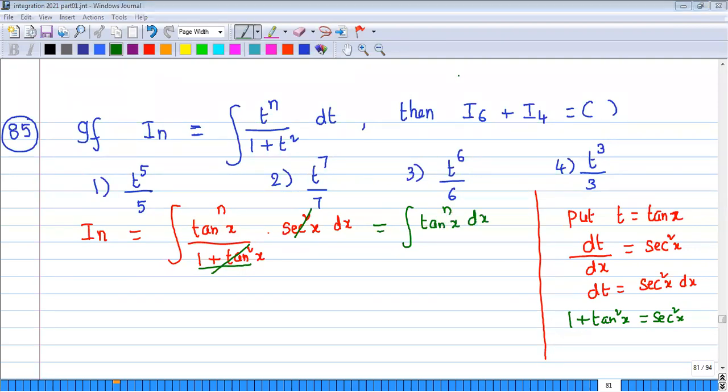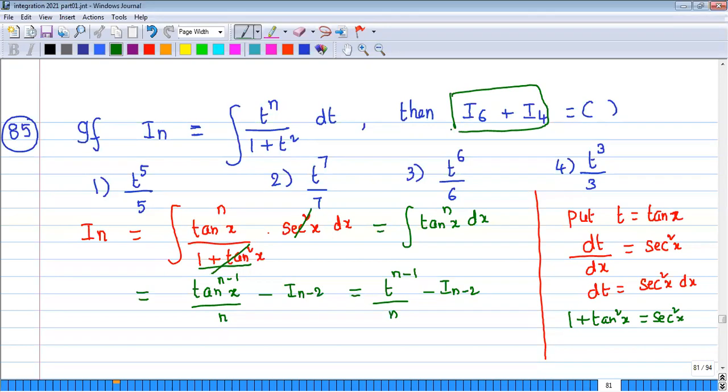Reduction formula for tan we have. This is equal to tan x to the power of n minus 1 upon n minus 1, minus I_n minus 2. So tan x stands for t. This can be written t to the power of n minus 1 upon n minus 1, minus I_n minus 2. Here we are asked I6 plus I4. So put n is equal to 6.